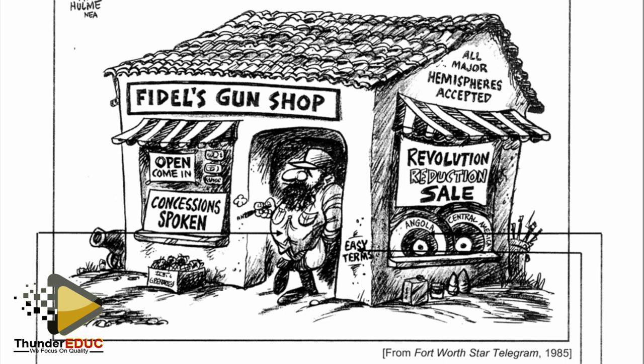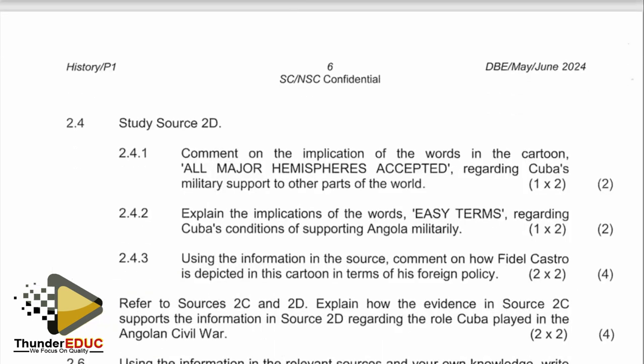The implication here is that Cuba was prepared to support whoever wanted support from them, whether it's communism or capitalism. The major hemispheres are accepted into that shop. There is no discrimination, which means whoever wanted assistance was going to get assistance from whichever hemisphere, the north or the south, the communist world or the capitalistic world.